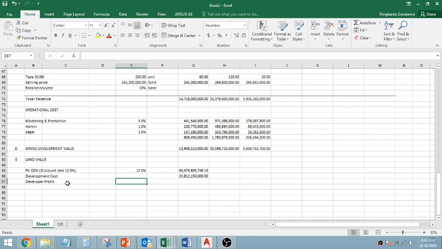So most developers put like 25 or 30% as the developer profit. It can be higher, it depends on what the market condition is like. If most developers use 30%, yeah, we can use that.